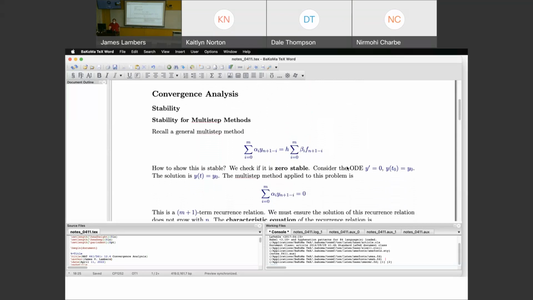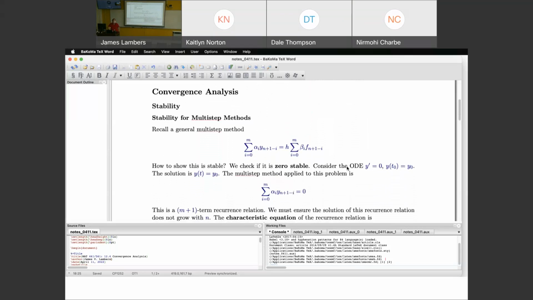Fortunately, it turns out, through a lot of theory that was established long ago, to be surprisingly easy to check whether a multi-step method is stable. In fact, it's easier to do so than for a one-step method. Because with a one-step method, you have to show that the function phi that defines your one-step method is Lipschitz continuous, and how easy or difficult that is depends on the particulars of phi.